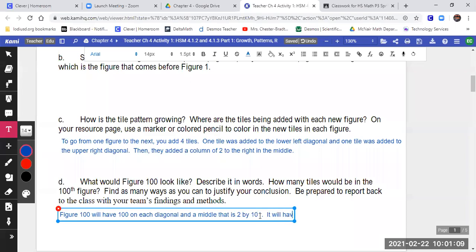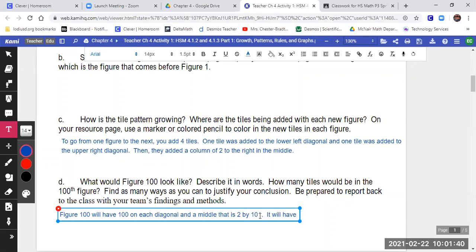It will have how many tiles? What did we say down below? How many tiles did the 101 have down below? No, when we go all the way down to the bottom, it wasn't 102, way more than 102, because 2 by 101 is over 200, and then 100 on each wing, right?